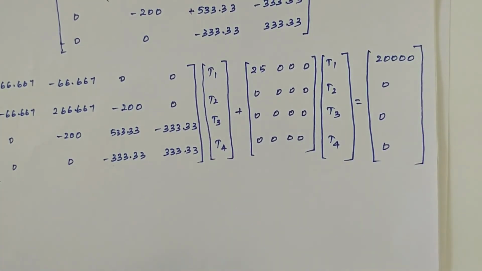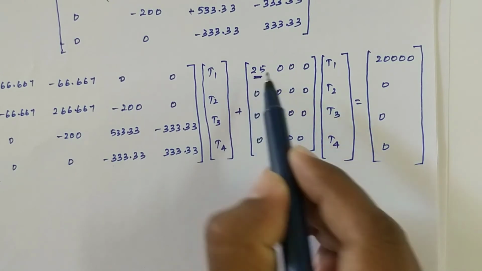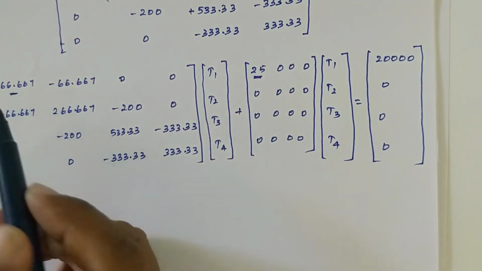Now, since we have a 4x4 matrix, we need to simplify this. So let us add this value to this matrix.